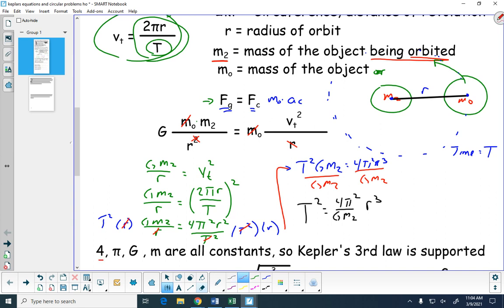The 4, the pi, the G, and the m's are all constants. So what we have is T squared is equal to some constant times r cubed.